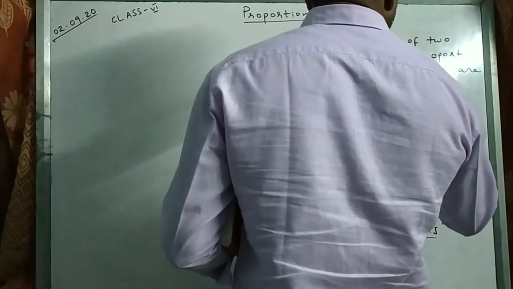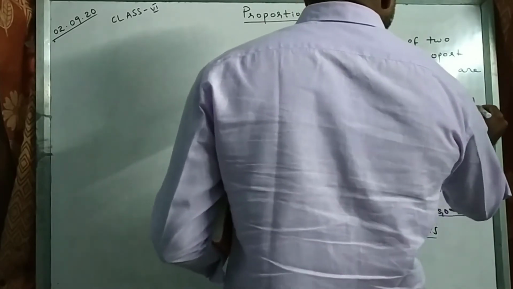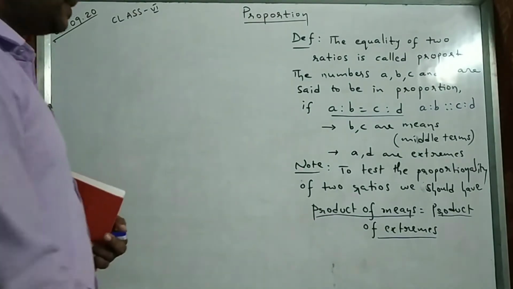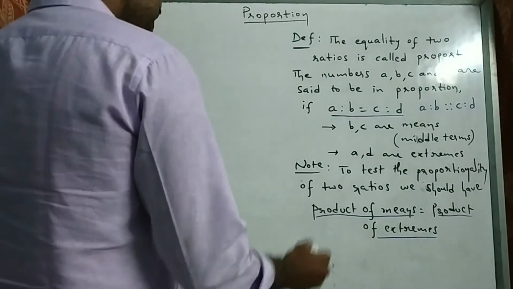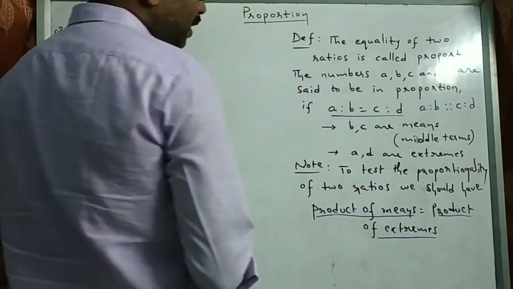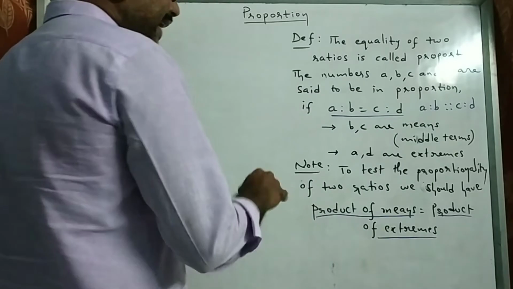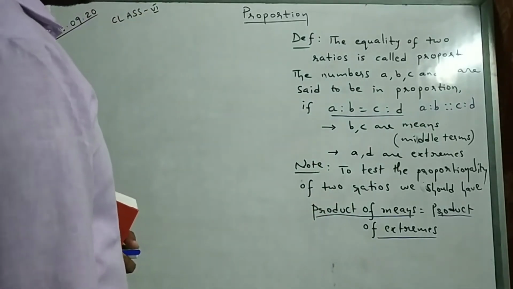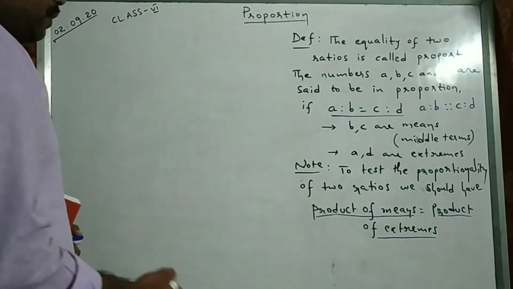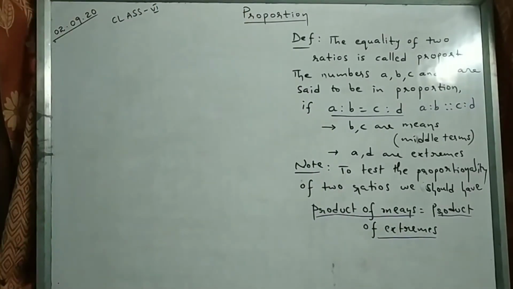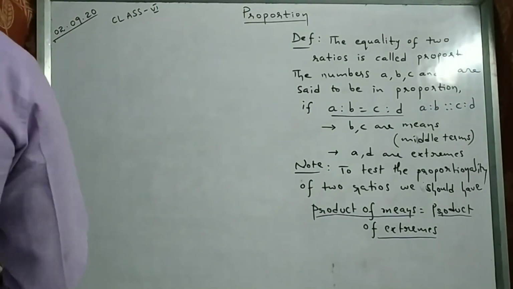A is to B is as C is to D. So here middle terms B and C are called means. Extremes A and D are end terms. They are called extremes. So what is the proportionality condition? Product of means equal to product of extremes.